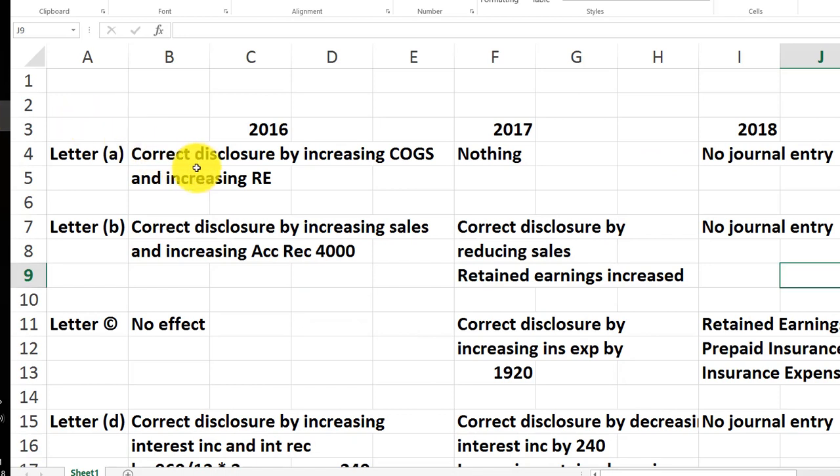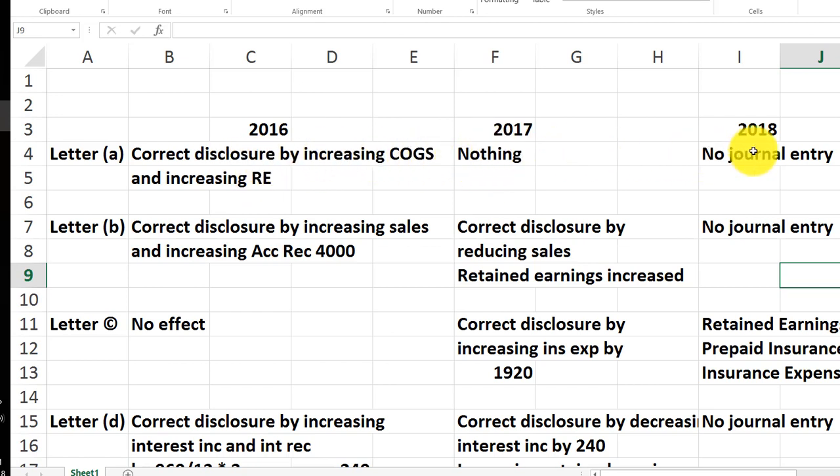So if we look at that, we'll have to correct our disclosure by increasing cost of goods sold, increasing retained earnings in 2016, as well as the inventory on the balance sheet. So all of those will be corrected in the disclosure.